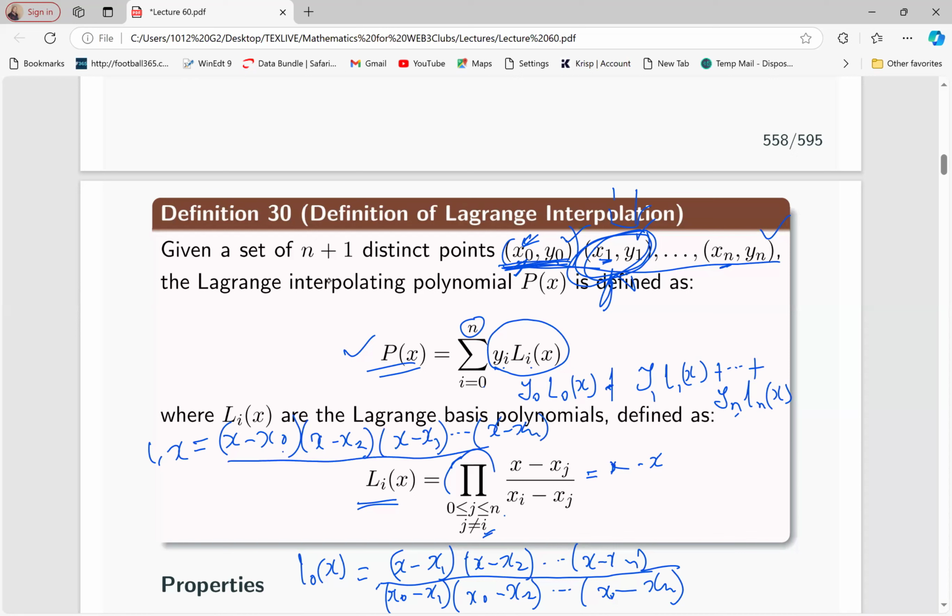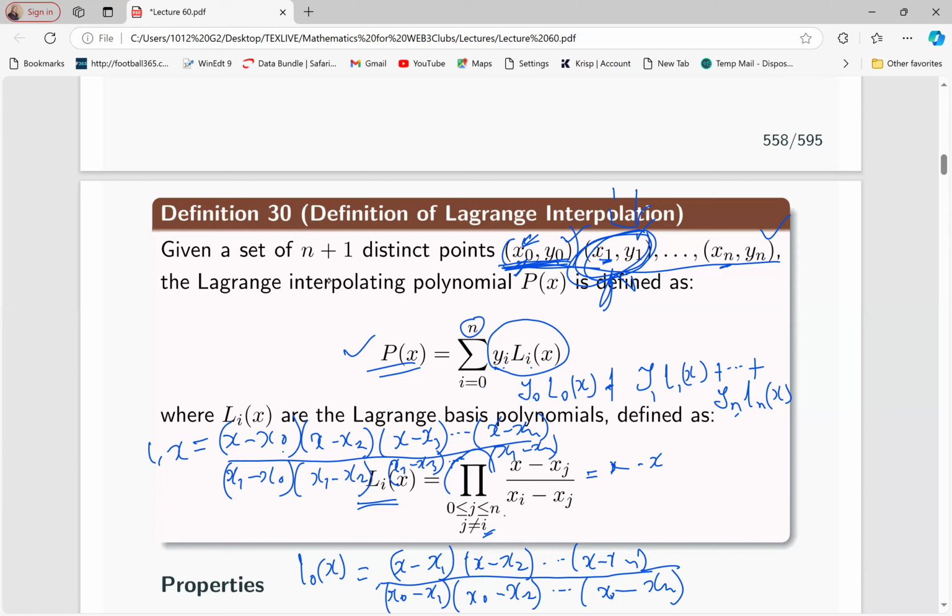Then the denominator will be the point you're considering, which is x1 minus x0 multiplied by x1 minus x2 multiplied by x1 minus x3 all the way up to x1 minus xn. So this is the value of L1x.